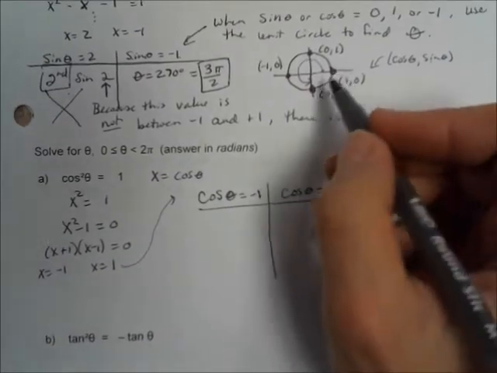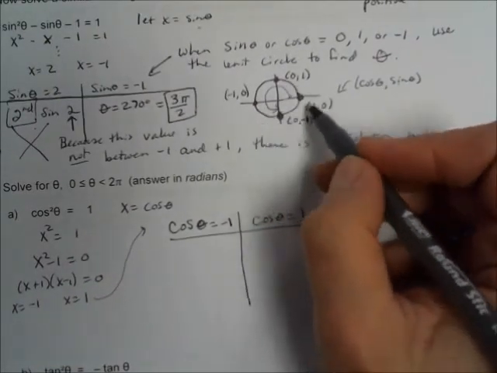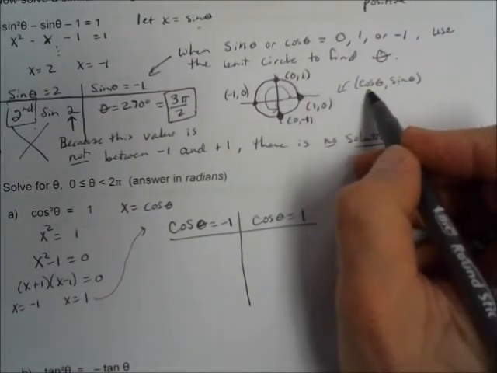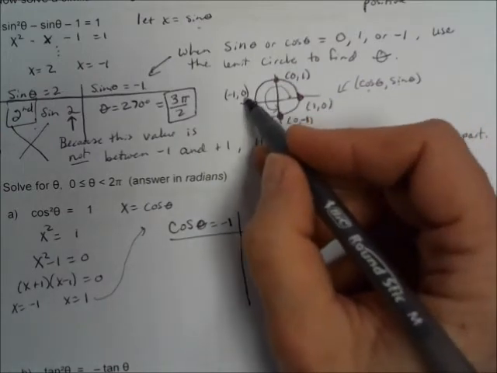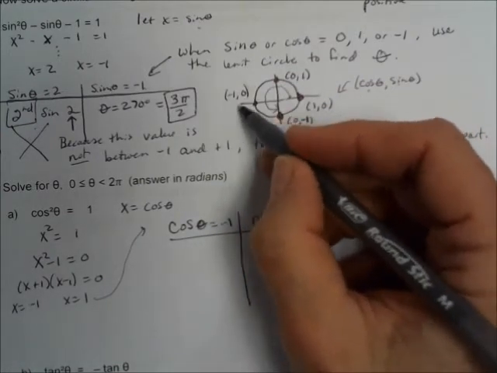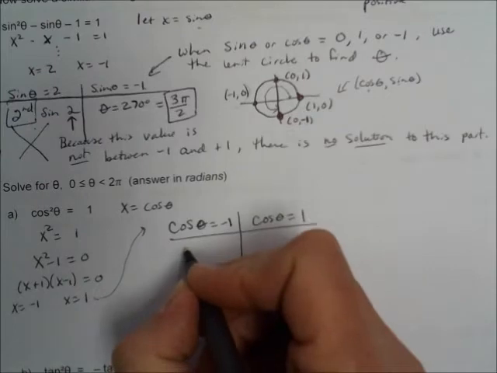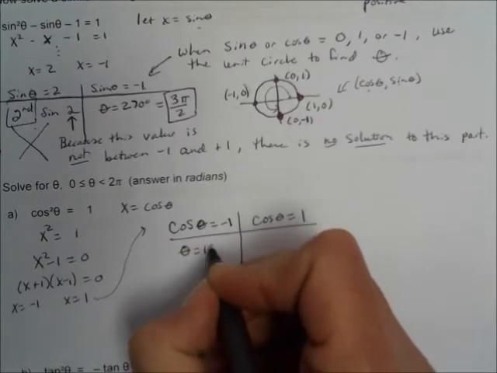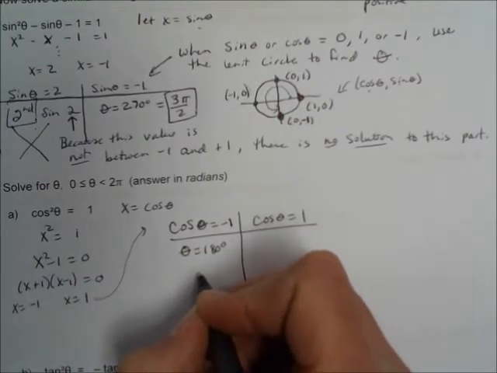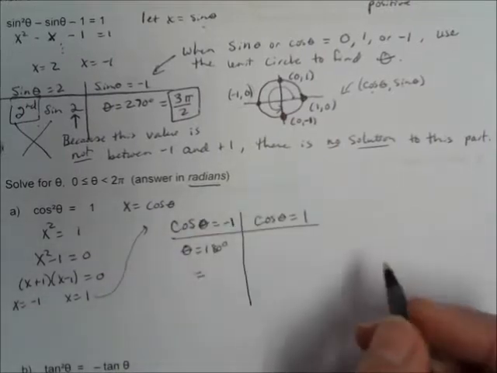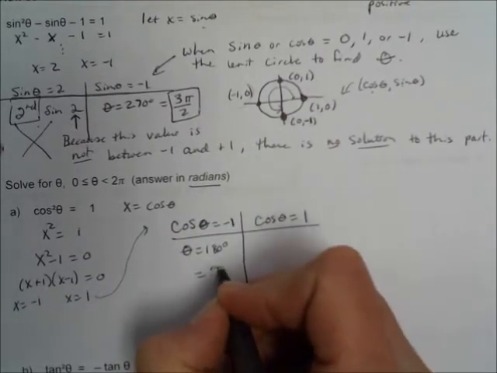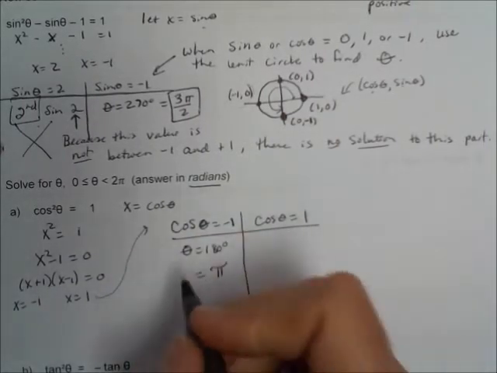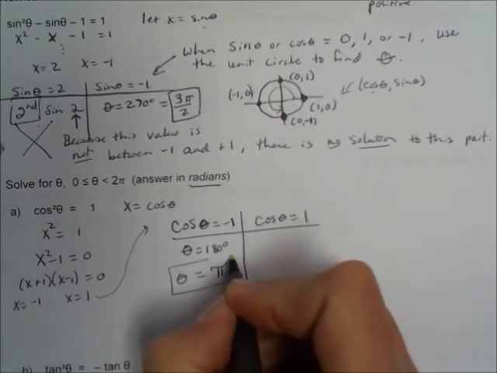And now I'm going to look at this unit circle again, and where is the x value equal to negative 1? Well, there's only one point, and that's right here at 180 degrees. So theta is equal to 180 degrees, but we want our answer in radians. So our final answer is pi here. Theta is equal to pi. So there's one answer.